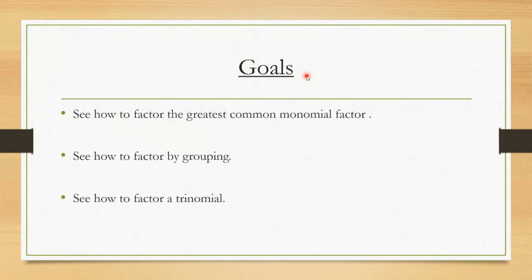There are techniques we can use, though, for factoring. For instance, one involves the greatest common monomial factor. Essentially, the factoring technique is determining this and then factoring it out. We also have another technique, factor by grouping.